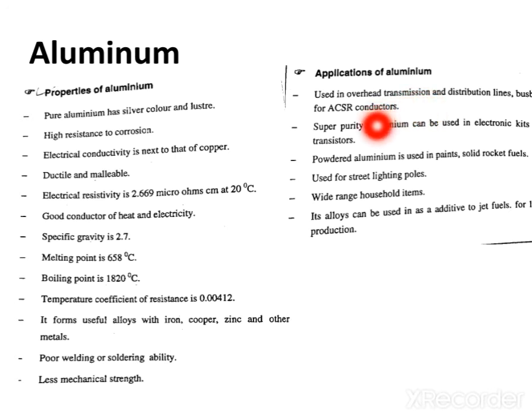ACSR means aluminum conductor steel reinforced. Aluminum is also used for making electronic kits, and powdered aluminum is used for making paints. It is also used in street light poles and household items.